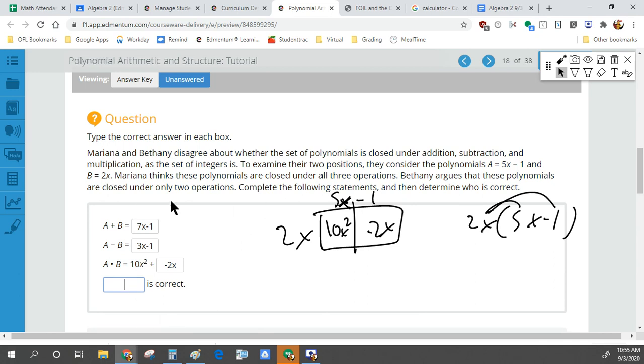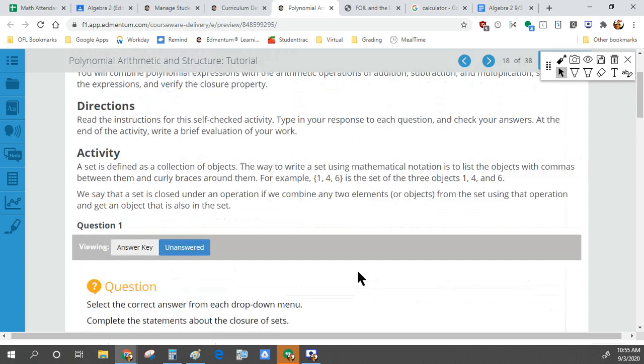So are these closed? Is it closed under these three operations, under addition, multiplication, and subtraction? Yes, it is. So we would write that it is correct. Complete the statements and then determine who is correct. Oh, okay. So they disagree on subtraction, addition, multiplication. To examine the two positions, so who's saying what?